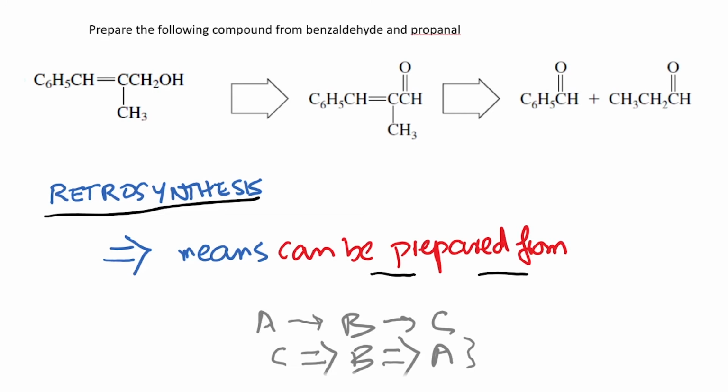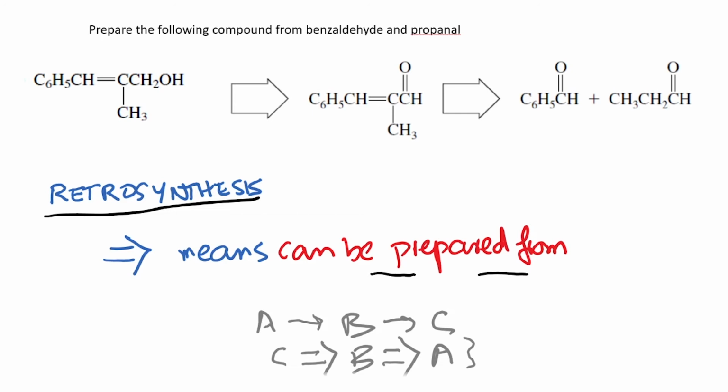Retrosynthesis is widely used in the construction of complex natural products or complex compounds, and you will study this in the coming semesters. The retrosynthesis arrow basically means that it can be prepared from.